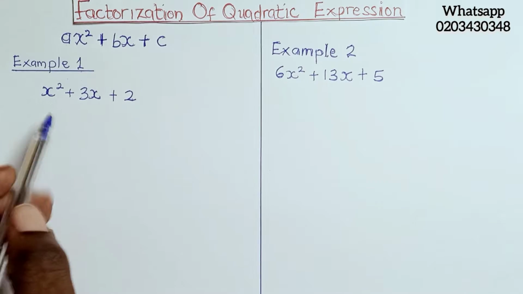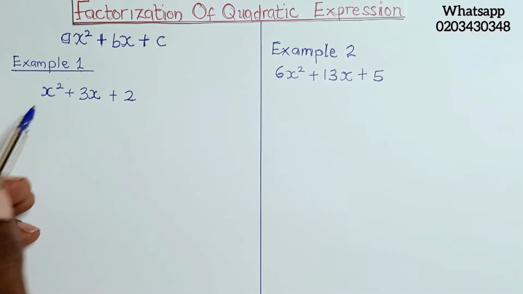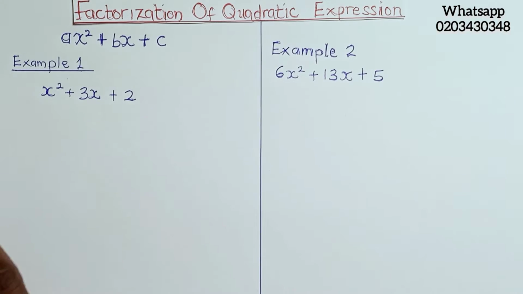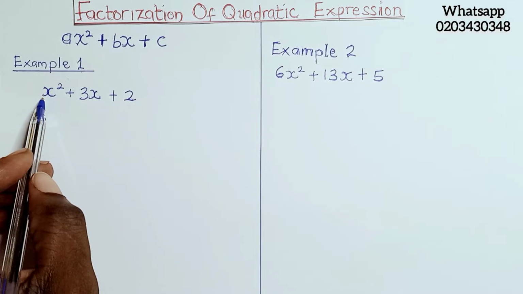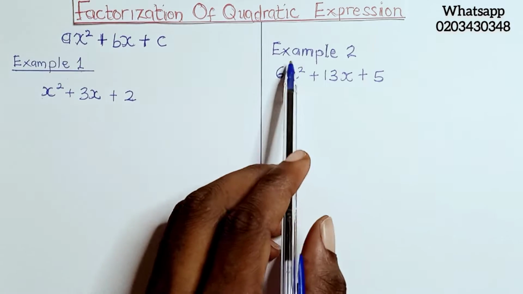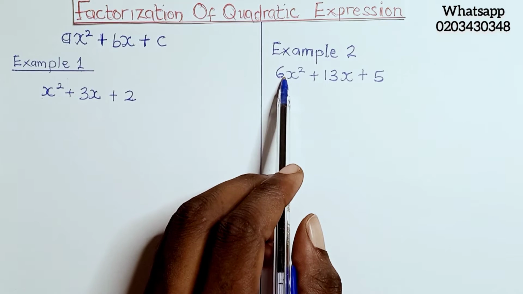So our first example is x squared plus 3x plus 2. With this one, the coefficient of x squared, which is the a, is 1. When it is 1, you don't have much problem. But when we look at example 2, the coefficient of x squared, or the a, is 6.